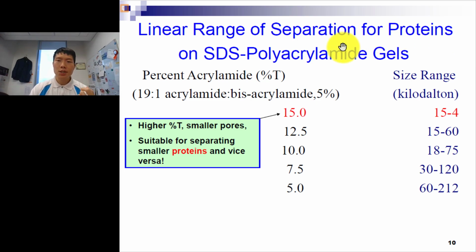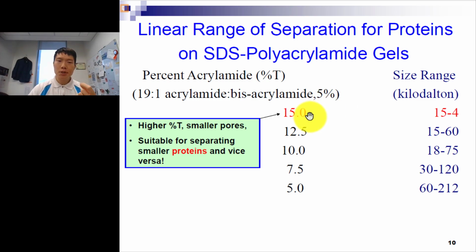Okay, so CGE is the most common method to separate large molecules, as you know. Proteins are large, so we like to separate proteins, and DNA, all these are done with CGE. Now, separating proteins, different percentage T are used to prepare different pore sizes. The 19:1 ratio for 5% T, with the cross-linker percentage C, is commonly used.